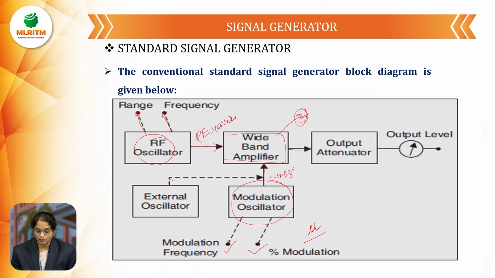After multiplying the message signal and carrier signal in the wideband amplifier, it amplifies that signal. After amplifying, we give it to the output attenuator. The attenuator attenuates the signal coming from the wideband amplifier.